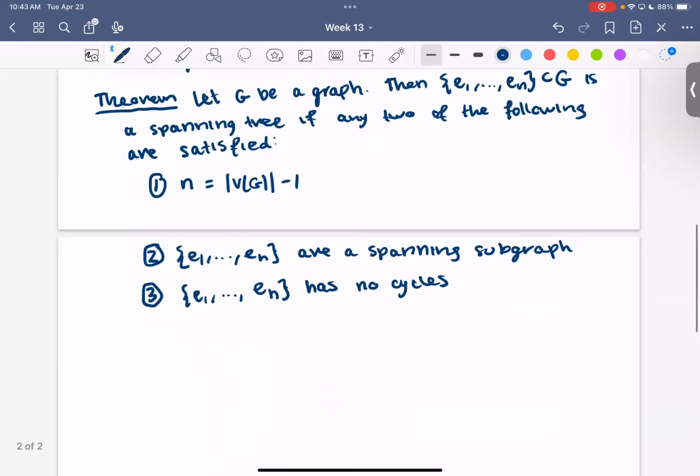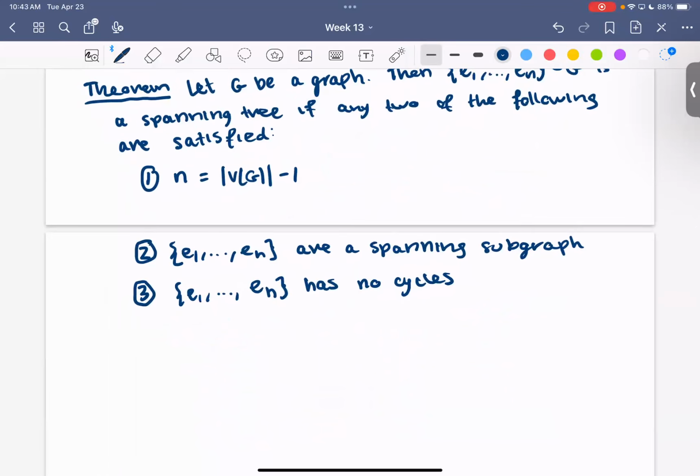Maybe I'll just do quickly an example of this theorem that's similar to the vector example from before. So for my graph, take this one.